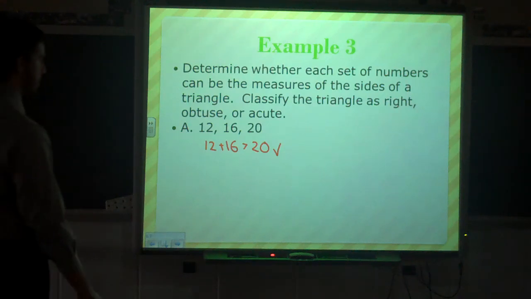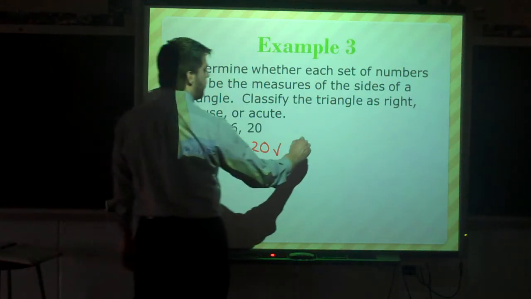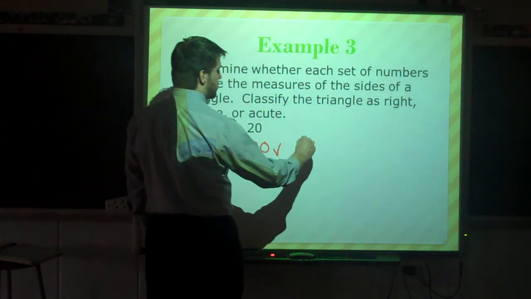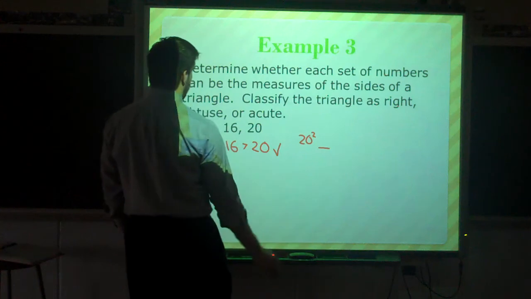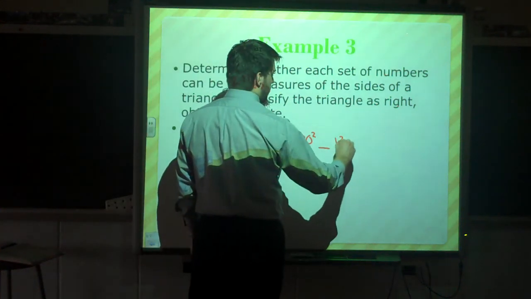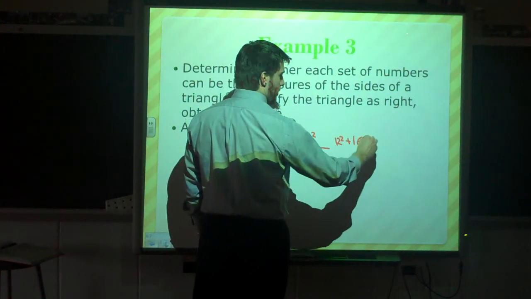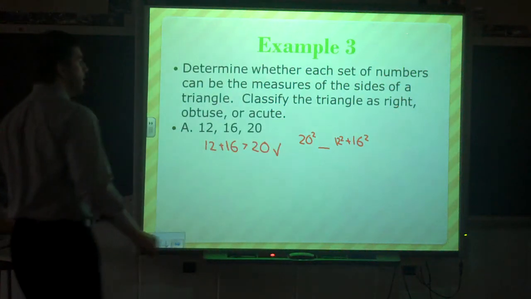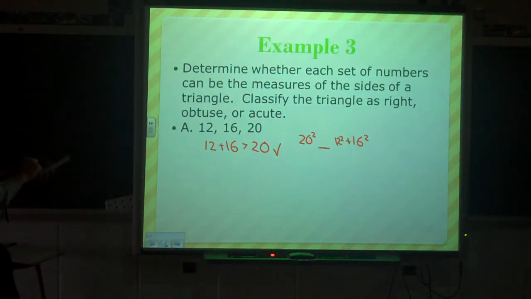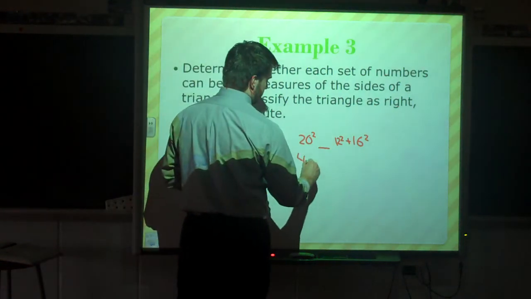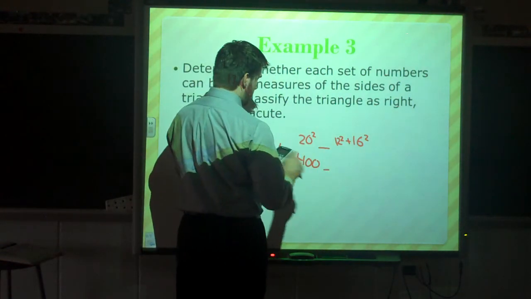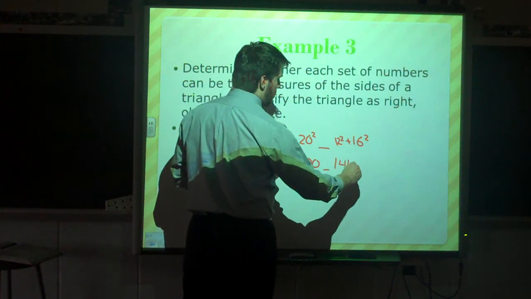So I'm going to use the Pythagorean Theorem. When I do c squared, which is 20 squared, how does that compare, and I'm going to leave a blank there, to 12 squared plus 16 squared? I want to know if they're equal or if one's bigger than the other. So 20 squared, you probably need to type most of these in, gives me 400. Still don't know what goes in the blank. 12 squared gives me 144.